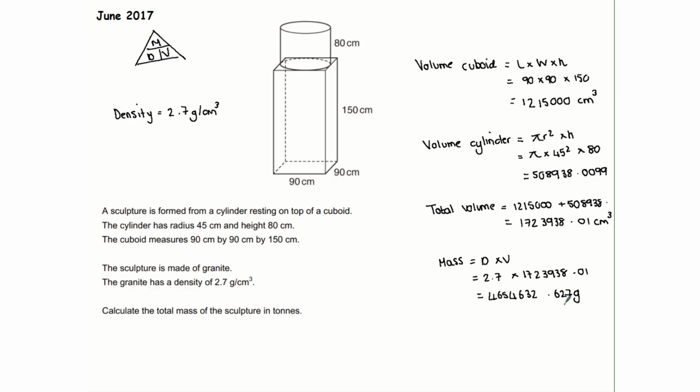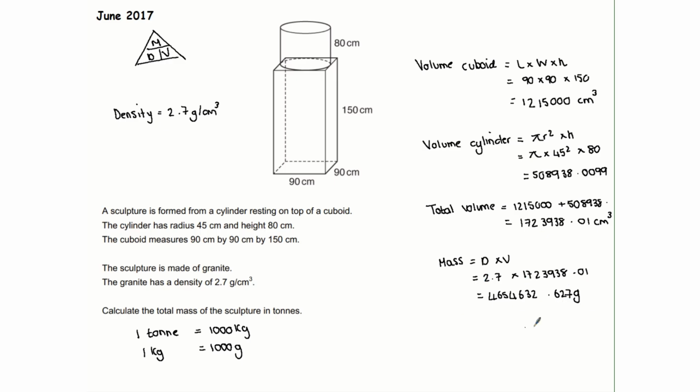If I remember from previously, we said that 1 tonne is equal to 1,000 kilograms, and we should know that 1 kilogram is equal to 1,000 grams.